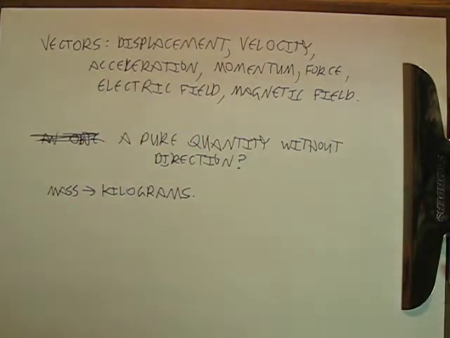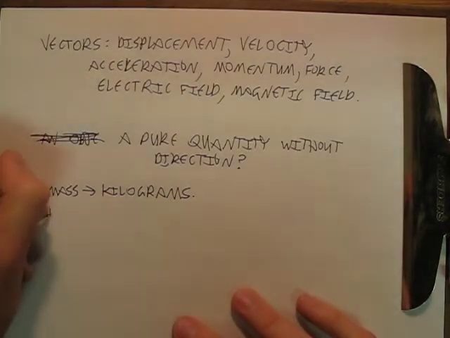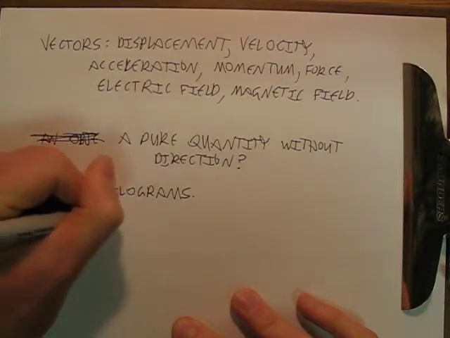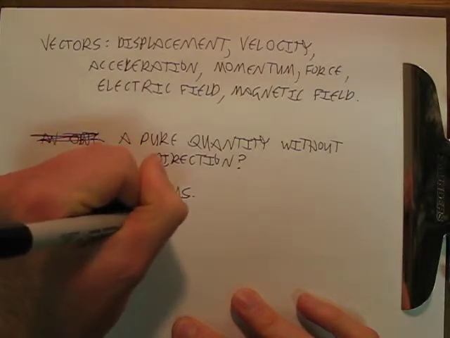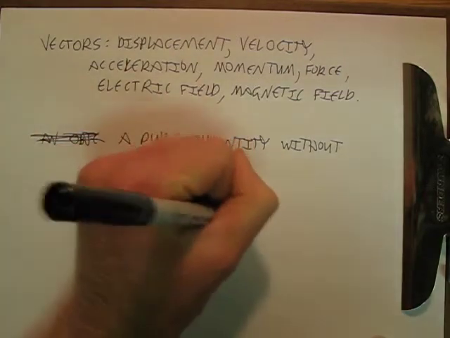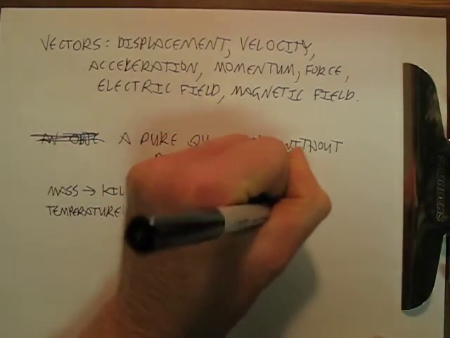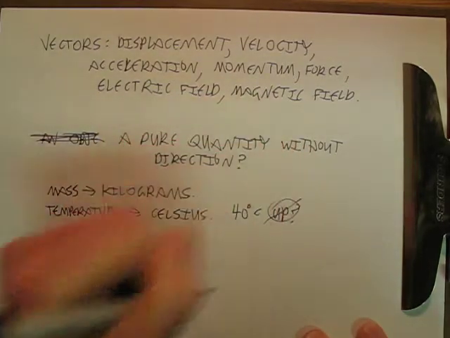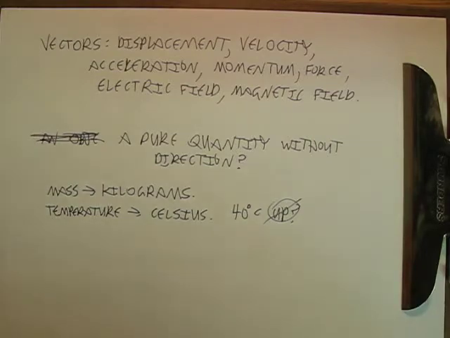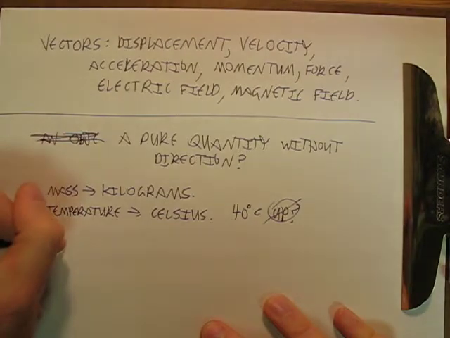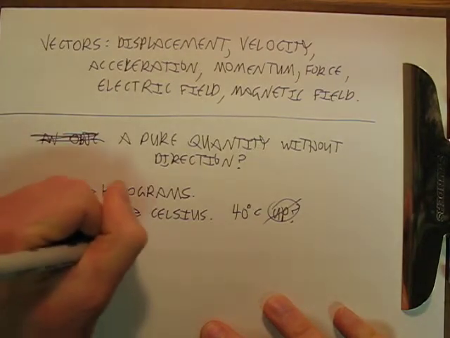You don't have a mass of 68 kilograms in any direction. Temperature. It doesn't make sense to be 40 degrees C up. It has no direction. So quantities without direction are scalars.